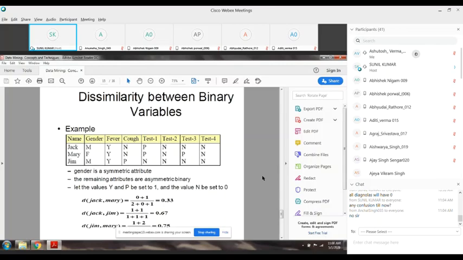We are taking persons like Jack, Mary, Jim, Ram, Syam, etc. We are taking their gender. Now we are finding what is the condition of fever, what is the condition of cough. Then we have performed various other tests like test 1, test 2, test 3, test 4. And based on this observation, we are going to check which persons have similar kind of medical reports.